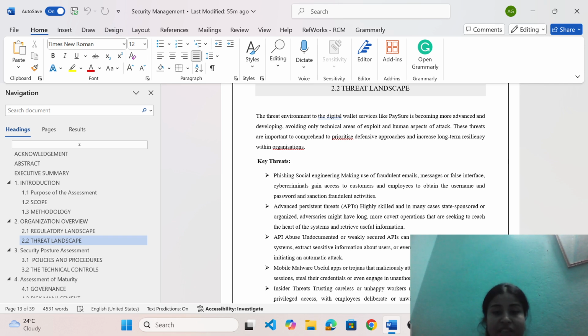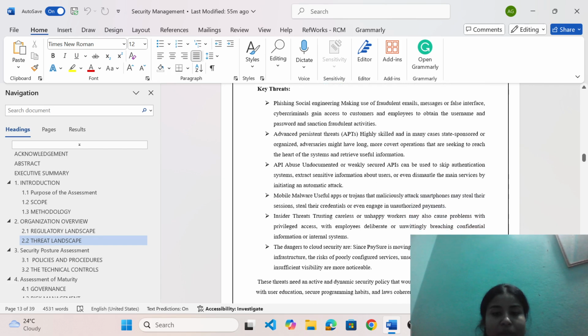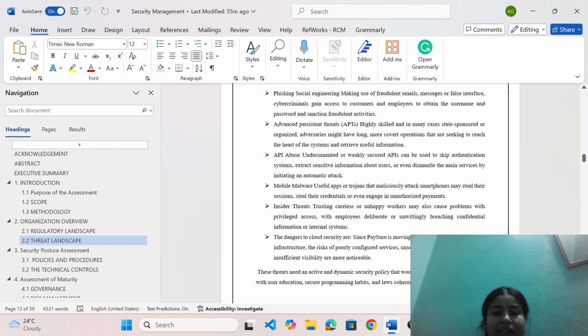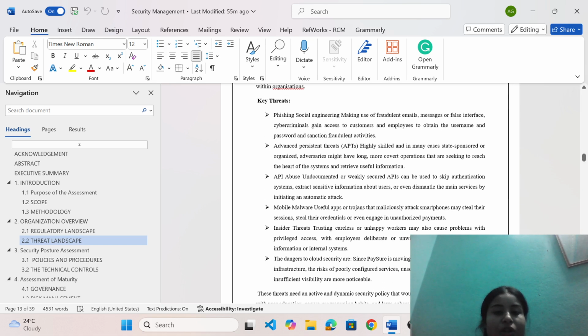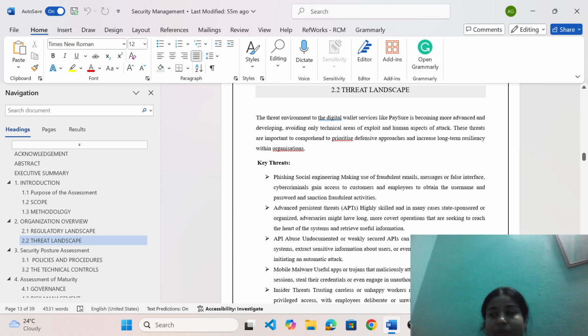I include here phishing, social engineering, advanced persistent threats, API abuse, undocumented or weakly secured APIs, mobile malware, insider threats, and the danger of cloud security misconfiguration. These are the most important key threats that will occur in the upcoming days. So I listed out the key threats here.